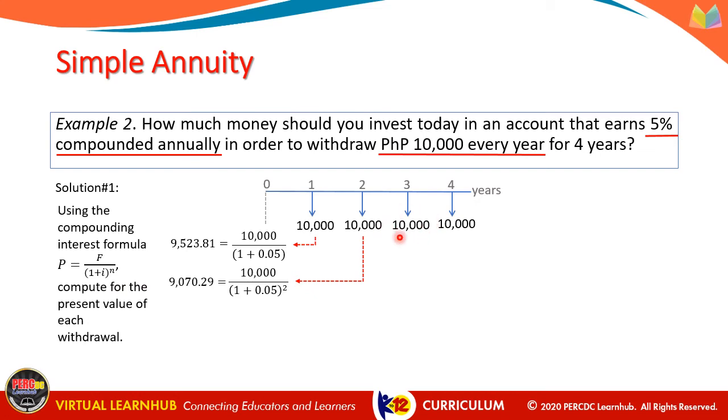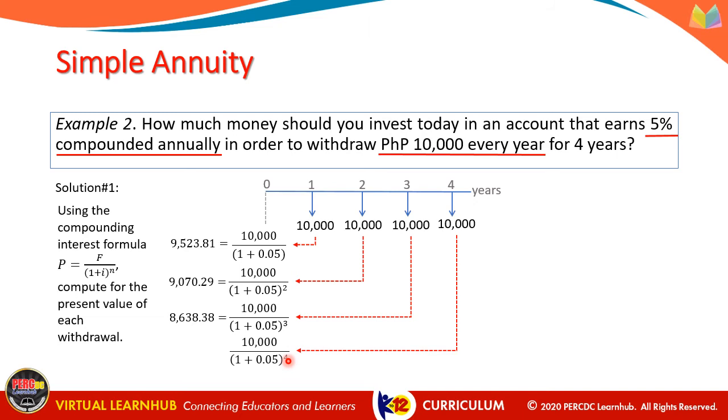Next, this 10,000 withdrawal to be made at the end of third year has an equivalent present value equal to 10,000 over 1 plus 0.05 cubed, which is equal to 8,638.38. And then this 10,000 withdrawal at the end of fourth year has a present value equal to 10,000 over 1 plus 0.05 raised to 4. And that is equal to 8,227.02.